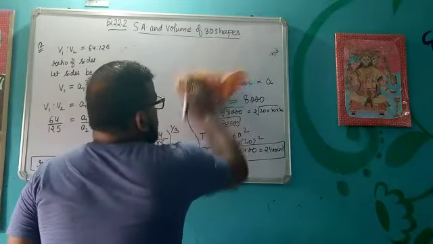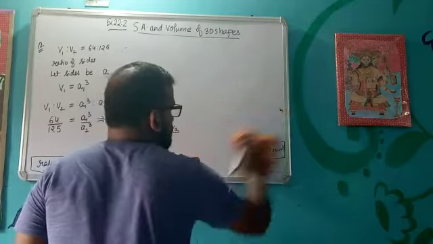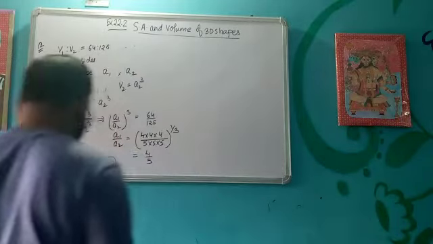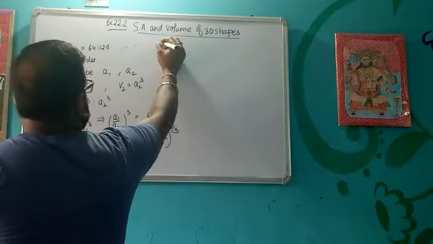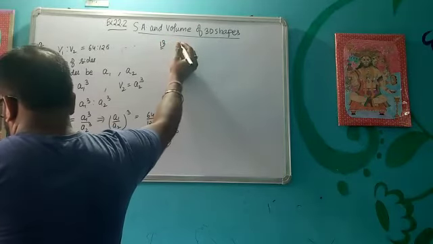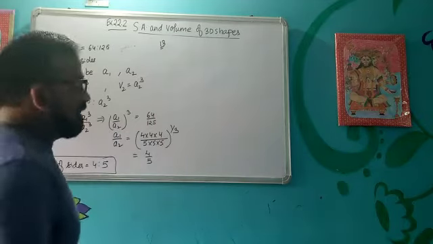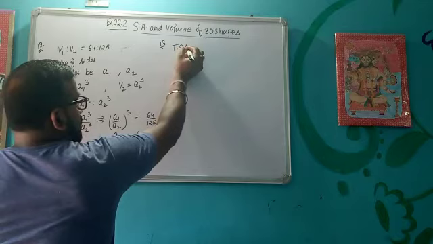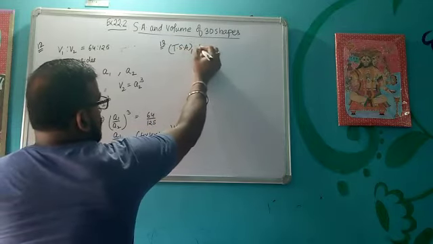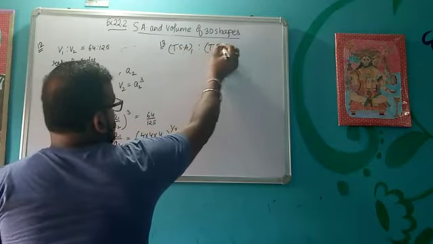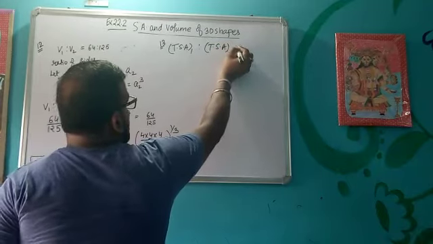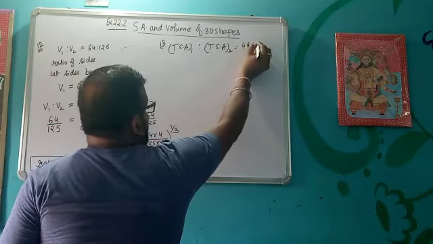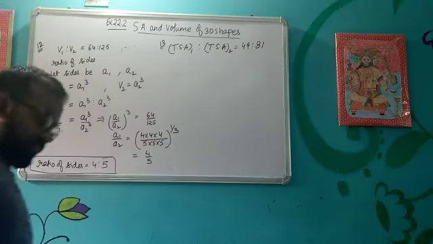Then similarly the 13th question is also like the same. So in the 13th question, what is given? Ratio of the surface areas is given. That is, total surface area of the first cube, that is 1, to the total surface area of the second cube, that is 2, is given as 49:81.